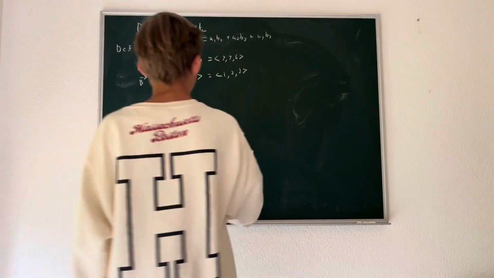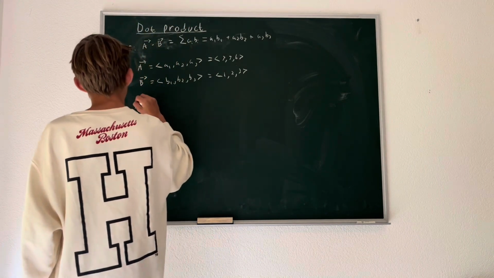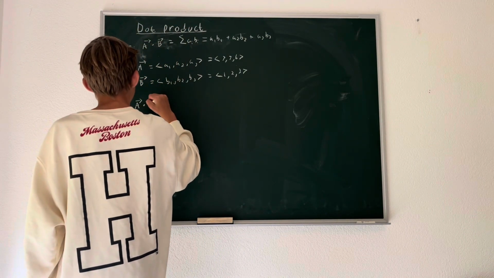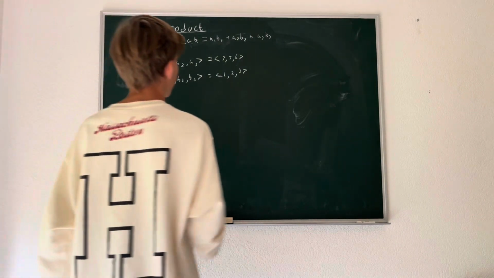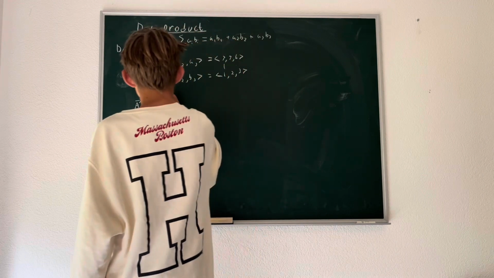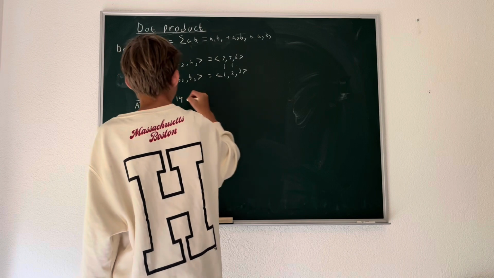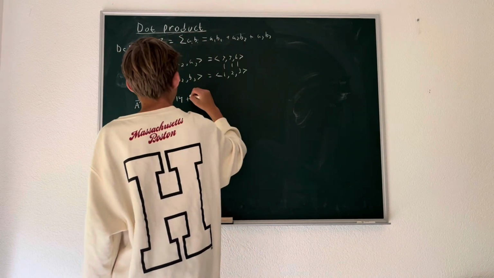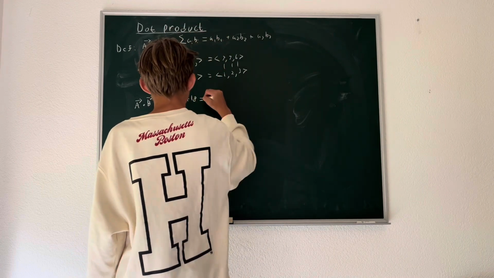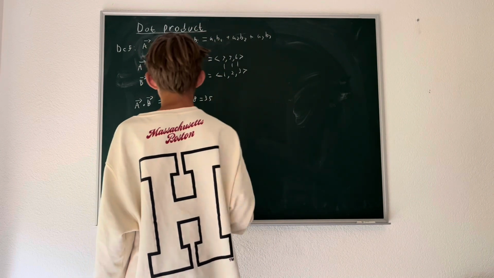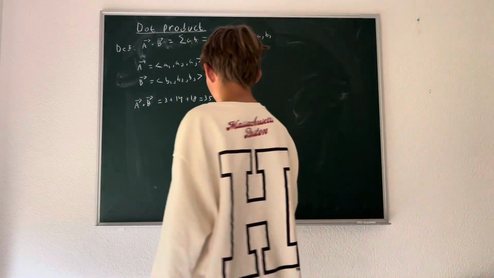So I will work through it now. The dot product of A and B is just the respective components multiplied and then summed up. So this is 3 times 1, so 3, plus 14, plus 18, and this is going to equal 35. And that is going to be our dot product.